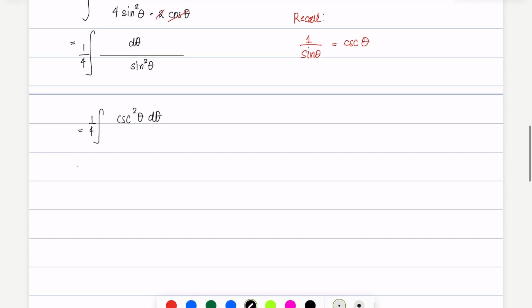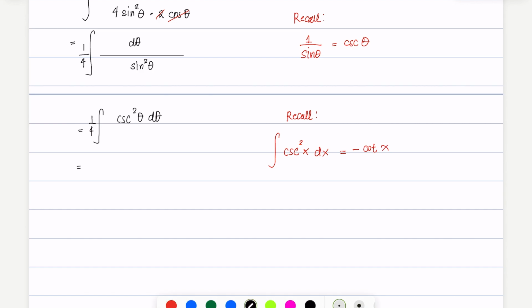Now, I need you to recall another basic form of integral involving trigonometric functions, the integral of cosecant squared x dx is equal to the negative cotangent of x. So that's why I like this problem, because it simplifies.